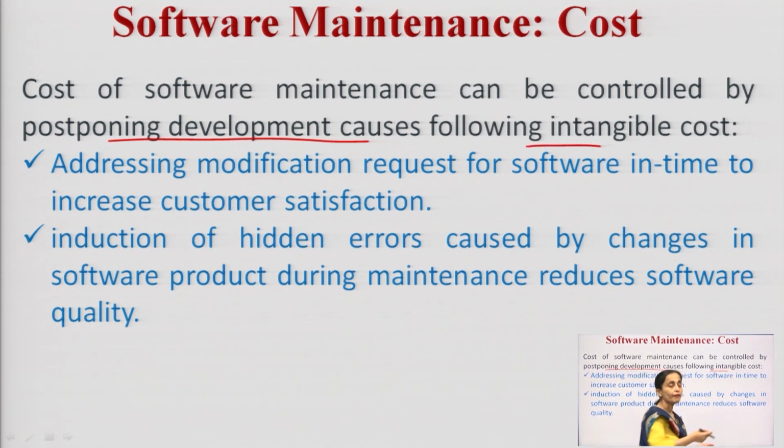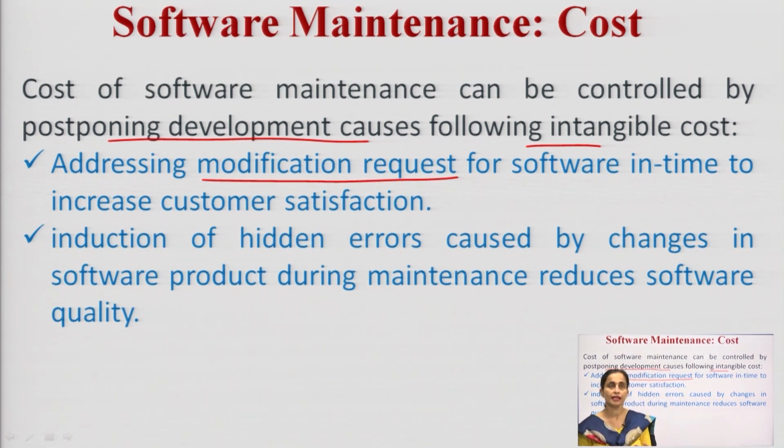If we postpone it, saying we will check it later on, that clearly means we are not addressing the modification requests for the software in time. When we are spending time in maintenance in terms of effort and cost, that means we are increasing the customer satisfaction.